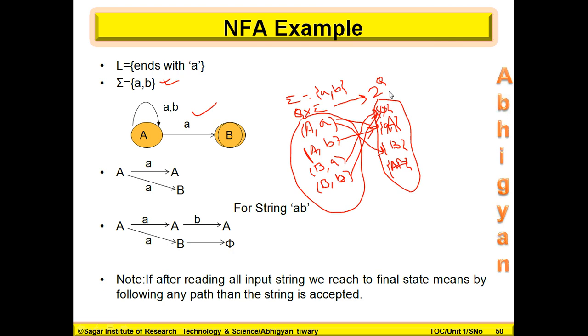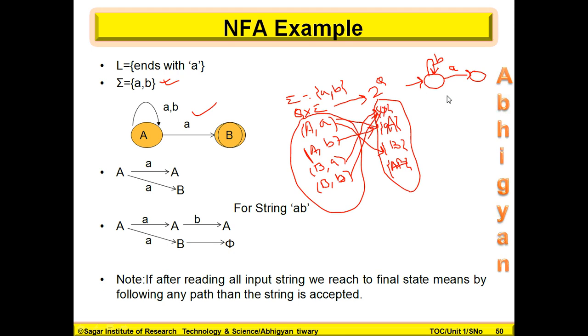Let us suppose we want to make a DFA for this one, a language that ends with A. If we have to make a DFA for the same question, ending with A, we take this A here itself. It doesn't matter how many B's we give in the starting phase.